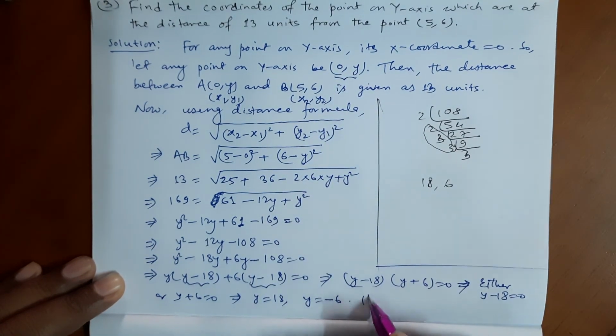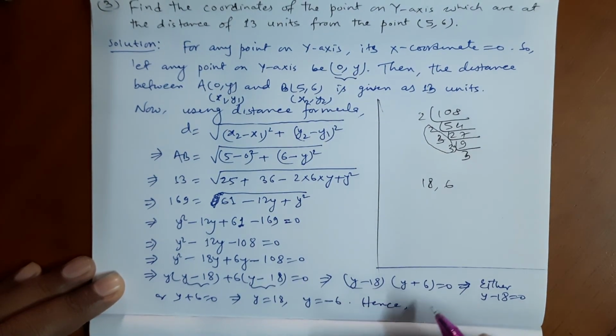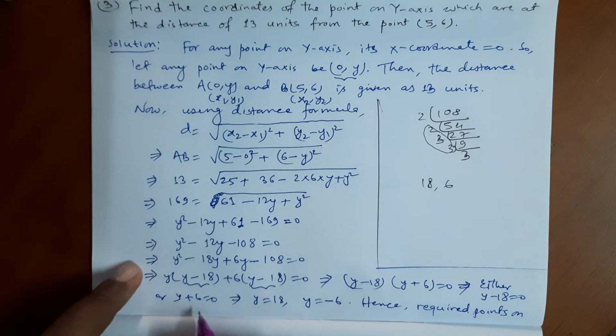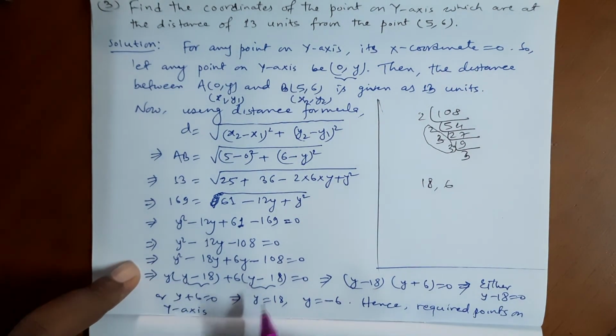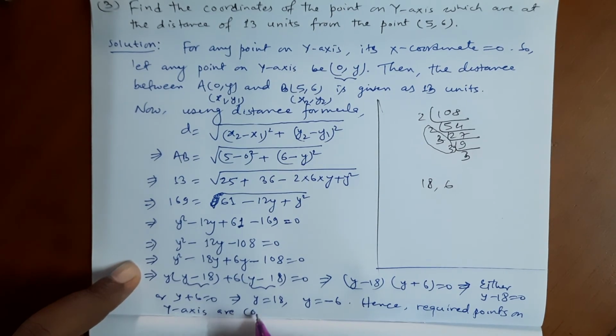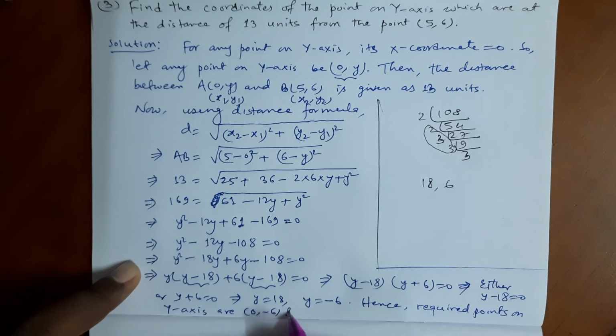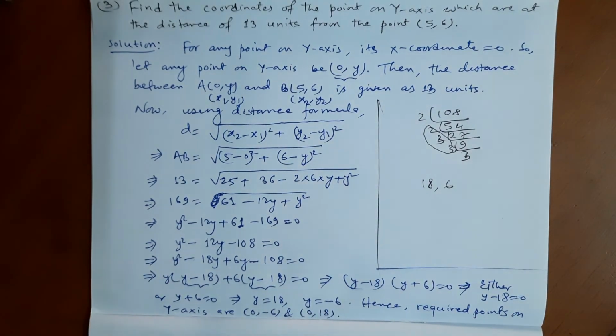Hence the required points on the y-axis are (0, minus 6) and (0, 18). These are the required points on the y-axis.